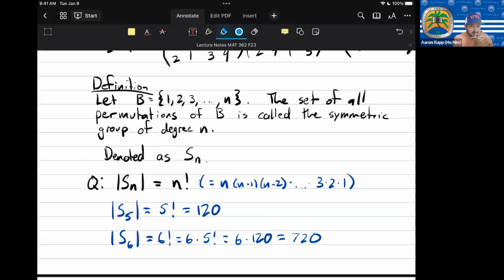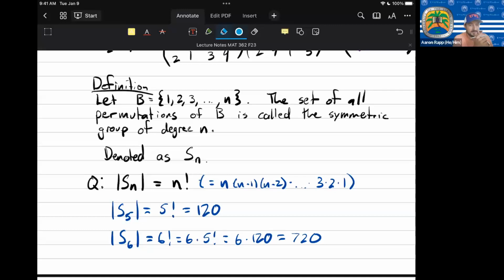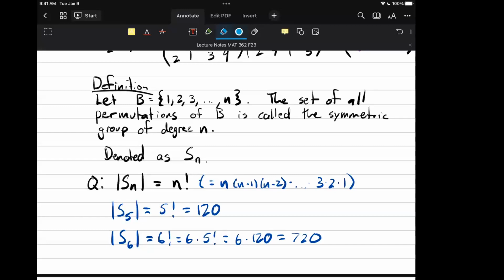But what does it consist of? You mean like the factorial stuff? The order? The set of all permutations?